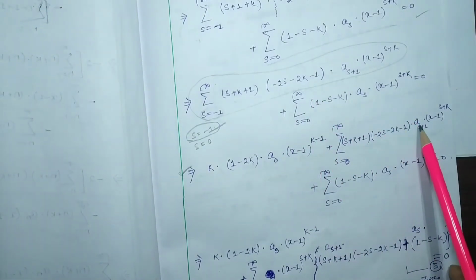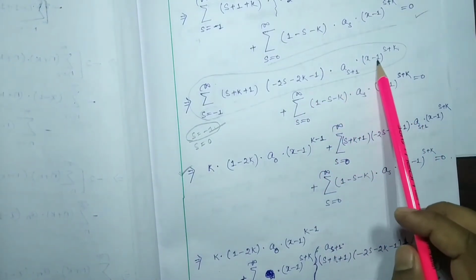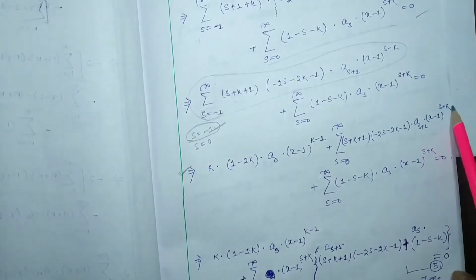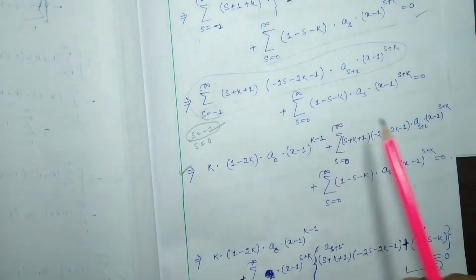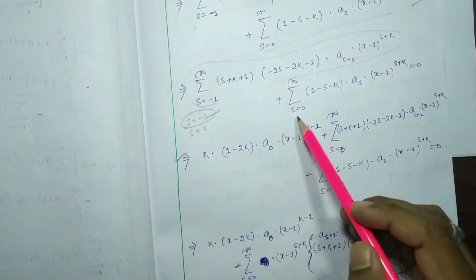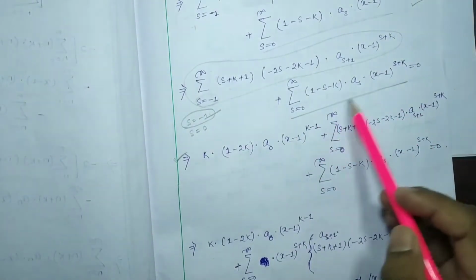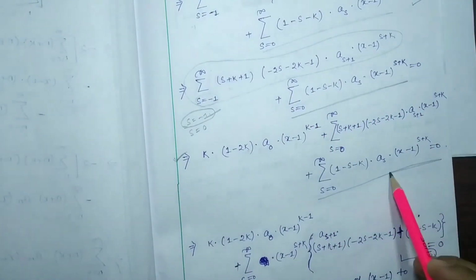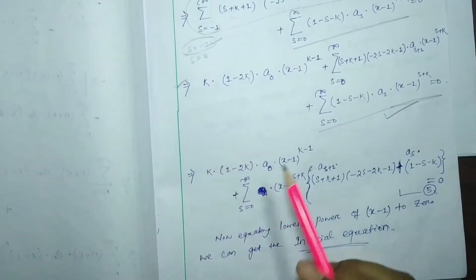Here you can see a_{s+1}, (x minus 1) to the power s plus k, but it starts from 0 to infinity. Now the second term is written as usual, nothing changed, okay. Now come to the next step.